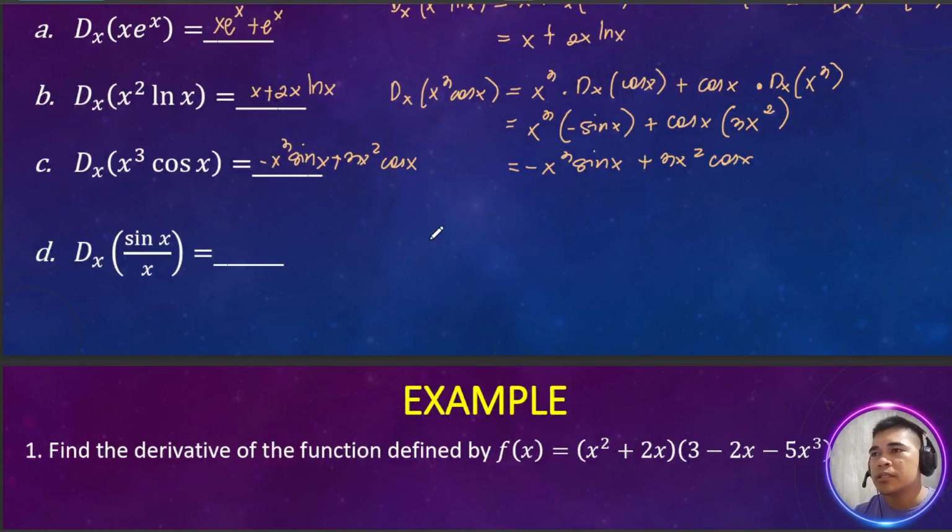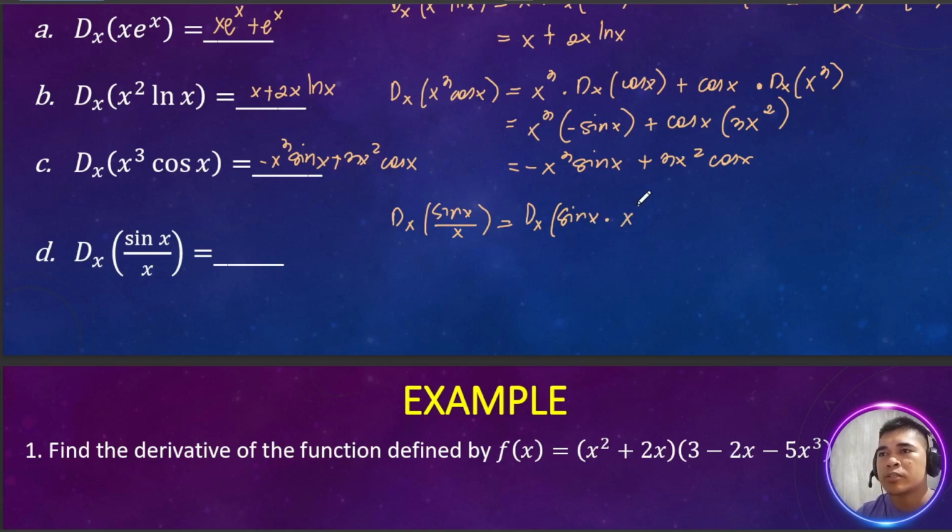Next, the derivative of sine x over x. So, derivative of sine x over x is equal. You may rewrite this one as the derivative of sine x times x to the power of negative 1.